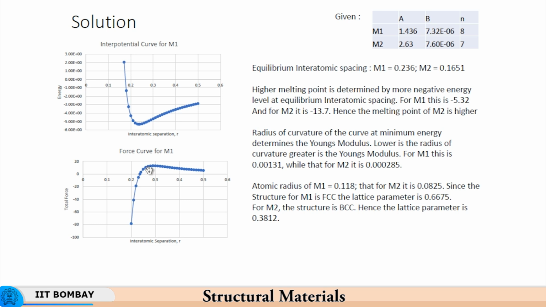So this interatomic separation at which the breakage of the interatomic bond would take place needs to be calculated, and this will depend upon where the maximum of the force will lie. So again you need to find out the maximum value of the force in the entire expression.